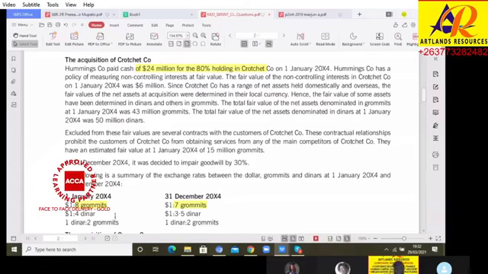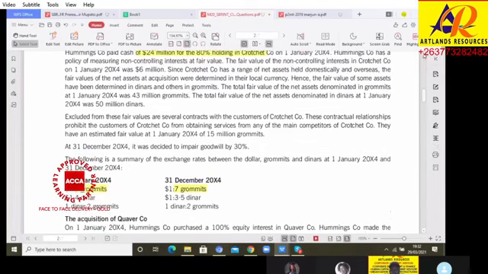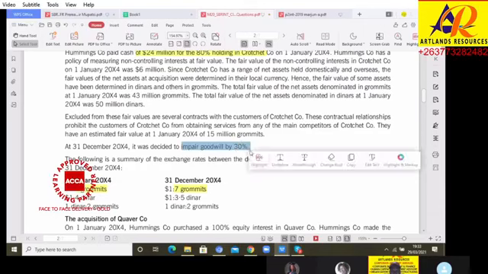Another thing I noticed as I read through these questions: it was also using the fair value method, and it was decided to impair goodwill by 30%.